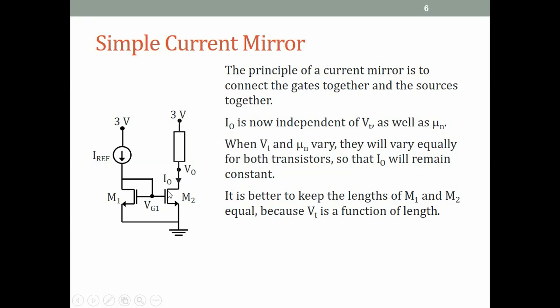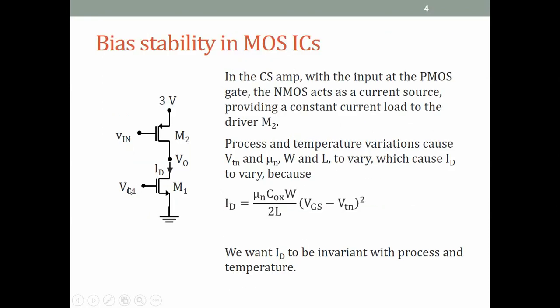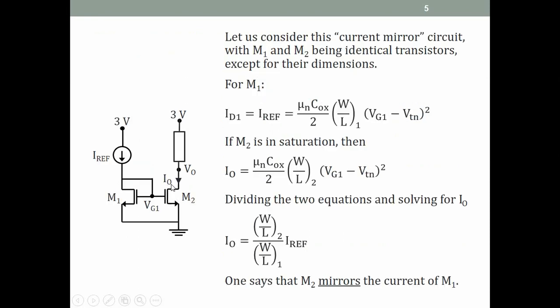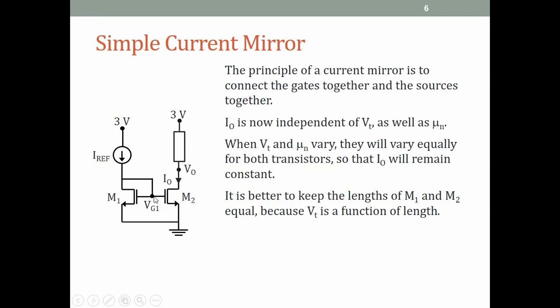Unlike the case where, let's go back again, we had connected a DC voltage source here. If you have a DC voltage source of a constant value, then as mu1 and Vt vary, the drain current varies. Another way of looking at this circuit is to say that as the temperature and process vary and Vt varies, Vg1 varies along with Vt so that the current in both the branches remains constant.